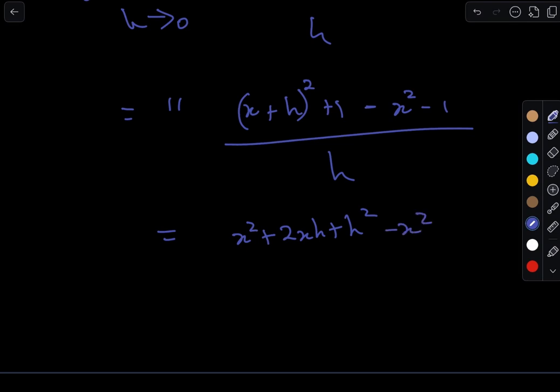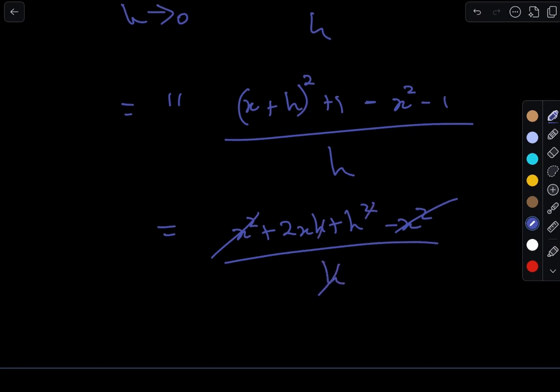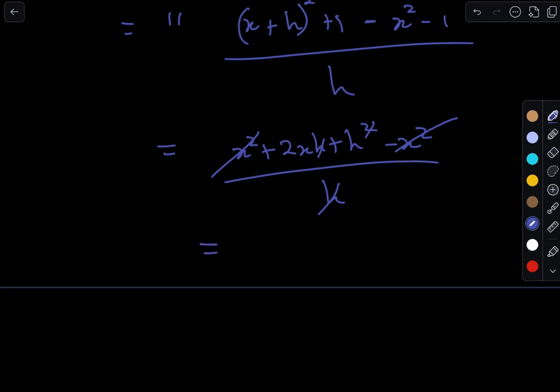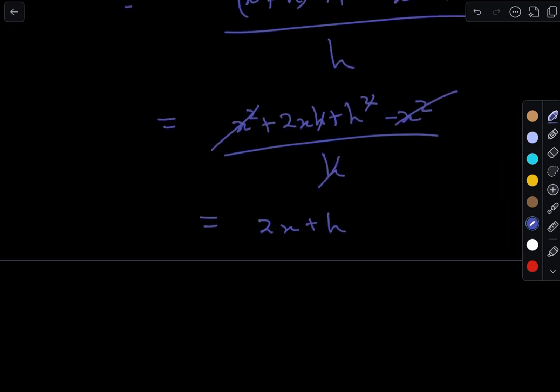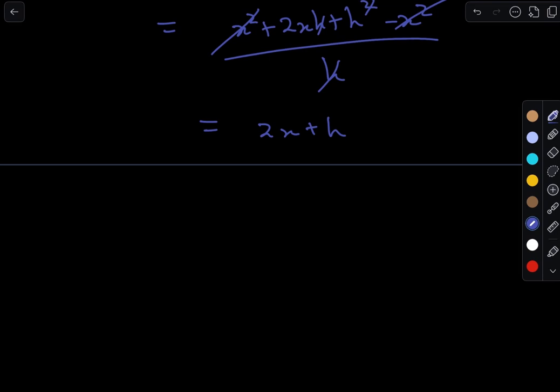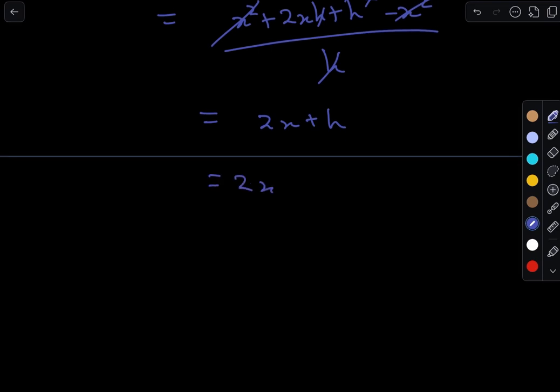The 1s cancel out, the x squares cancel out, and we can divide by h. That would give us 2x plus h. But wait, isn't h basically 0? So the answer should be just 2x.